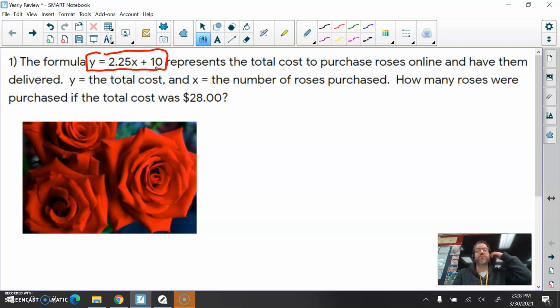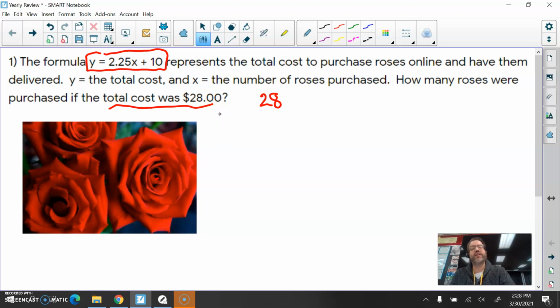How many roses were purchased if the total cost was $28? Now remember, y equals the total cost. So we can substitute 28 in place of the y. Now I'm not going to put 28.00.